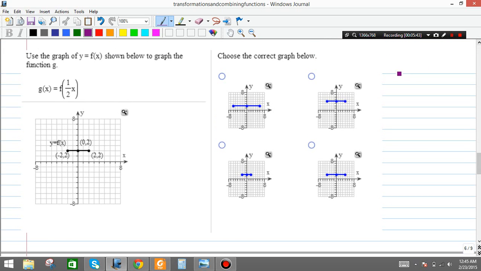Here, f of 1/2 x multiplies x by 2 inside. It's the opposite.